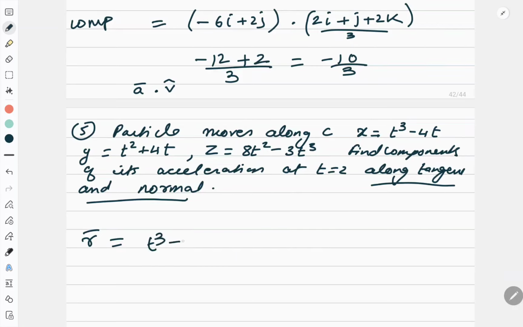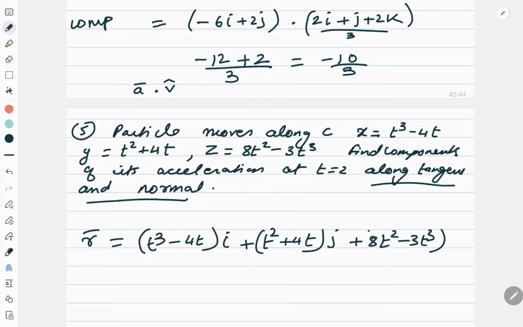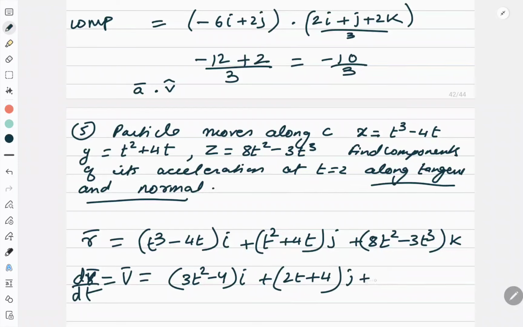So (t cube minus 4t)i plus (t square plus 4t)j plus (8t square minus 3t cube)k. Okay. So velocity is dr by dt, which is equal to (3t square minus 4)i plus (2t plus 4)j plus (16t minus 9t square)k.